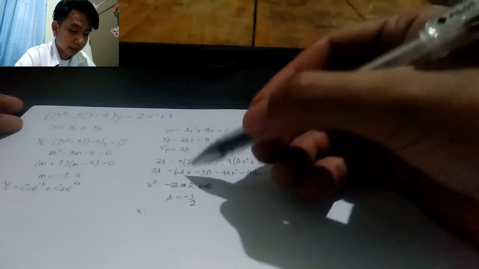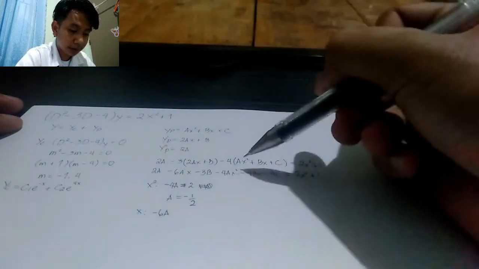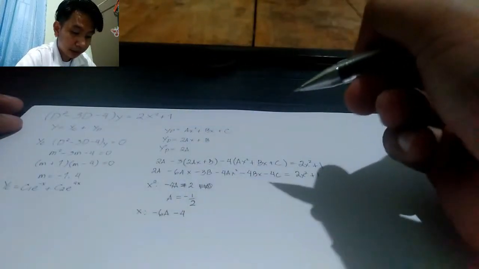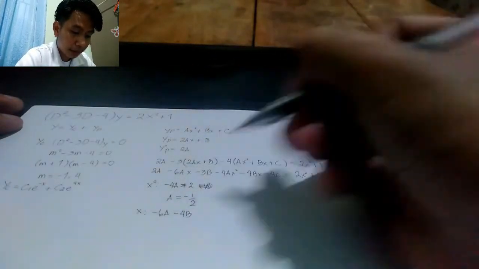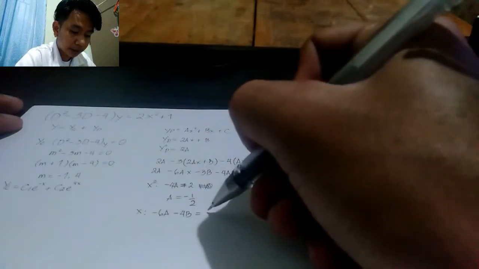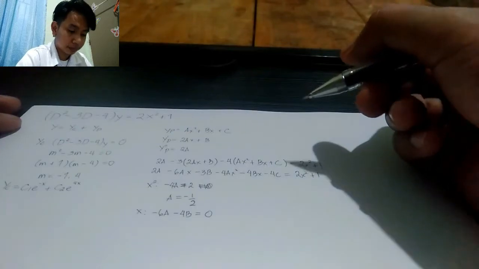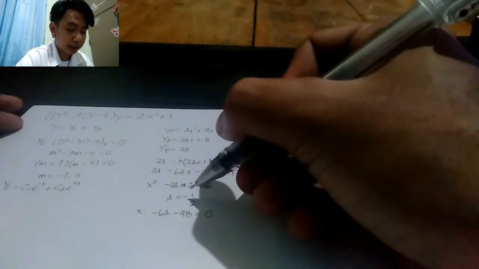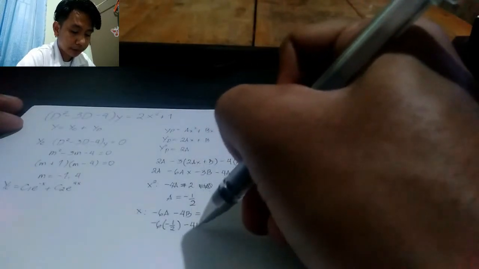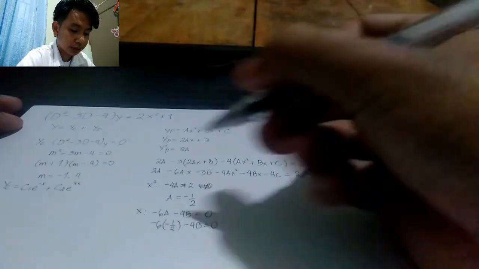Then, sa may mga x naman, we have negative 6a, negative 4b, sa kabila ay wala. So, 0. So, since may value tayo ng a, substitute natin, negative 1/2 minus 4b, 0.